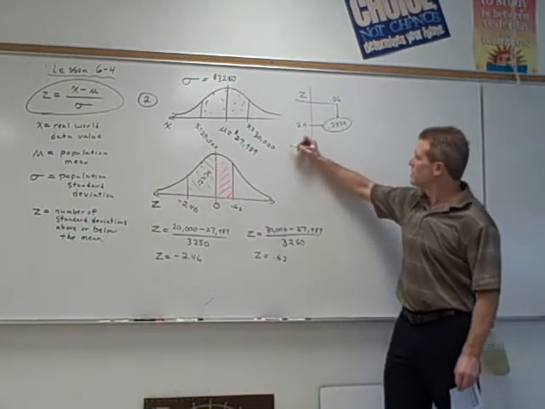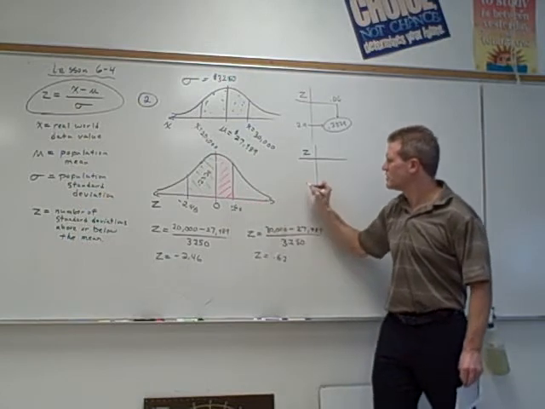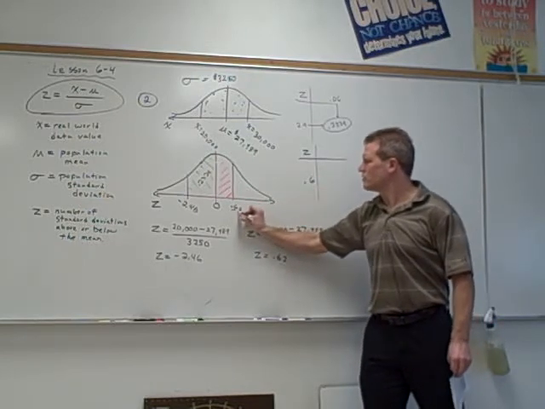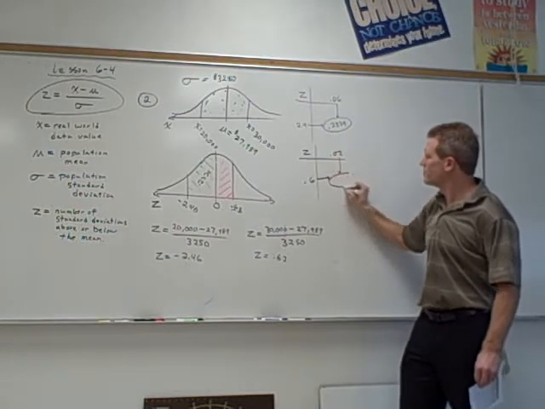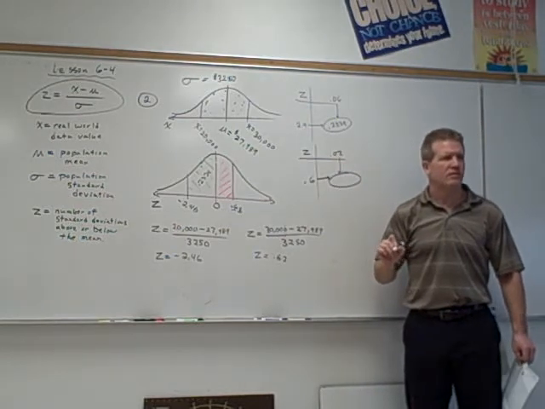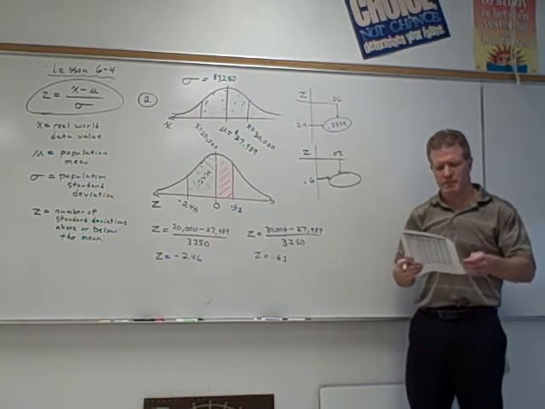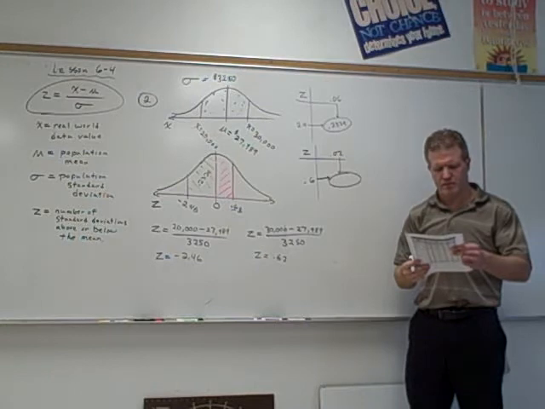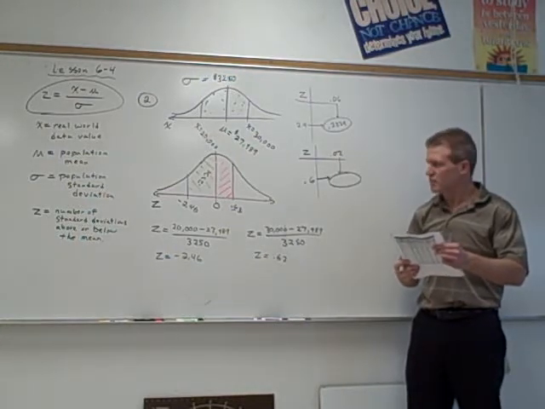Then you go to your z-chart again, and this time you go to 0.6, your tenths digit, and then you go to 0.02, your hundredths digit. You come across, you come down. What area is that? Anybody have that one? I think the reverse.